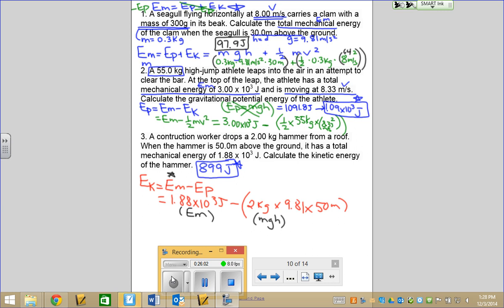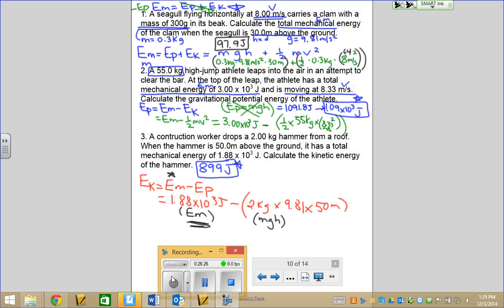So I took my total mechanical energy and subtracted potential energy, mass times the acceleration due to gravity times height. In other words, 2 kilograms, 9.81 meters per second squared, times 50 meters. That is how I arrived at the answer 899 joules.